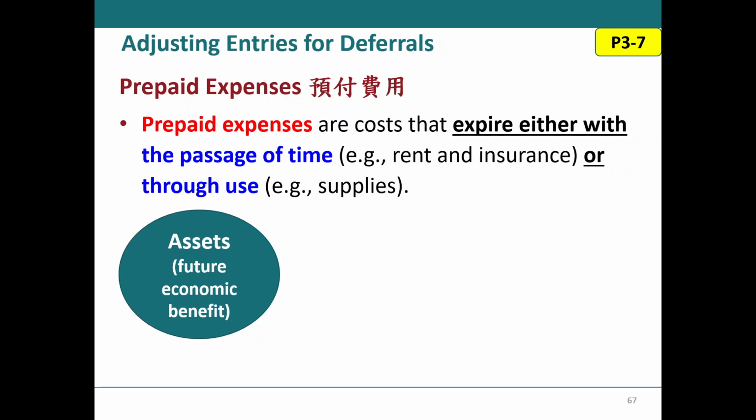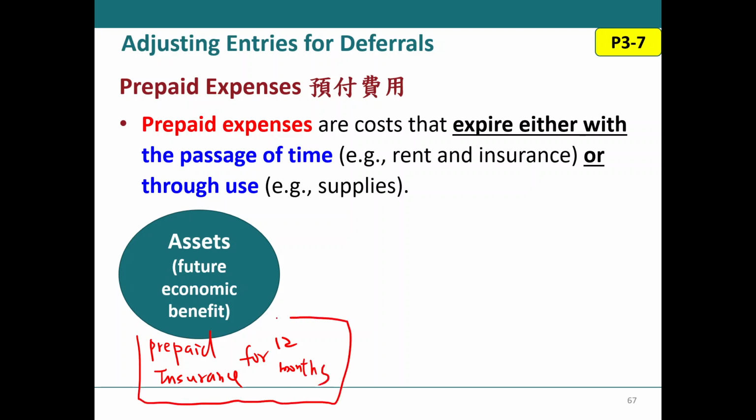So insurance is my asset. Why is it your asset? Because it has future economic benefits. Our assets will help us in the future. So I pay the money to buy the insurance, so I have prepaid insurance, maybe for 12 months. This is my asset.